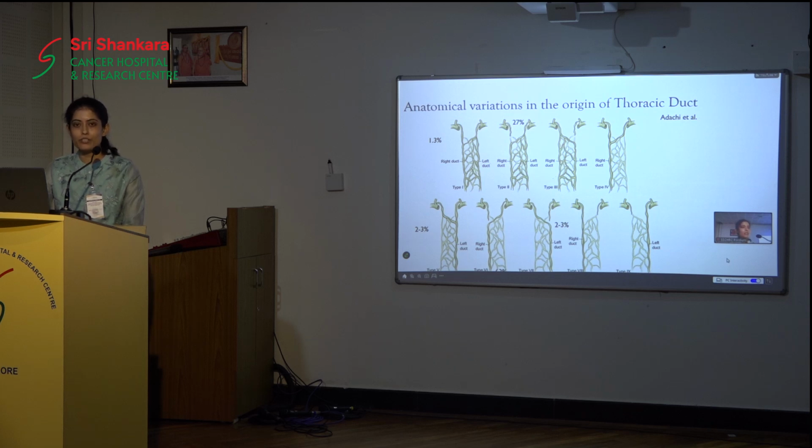On rare occasions, you can find a duplication of the thoracic duct, that is, a right and a left persistent duct. You can also have preferential drainage to the right side instead of the left side. And you can also have a straight left-sided thoracic duct where the right side duct hasn't developed at all, or you will have the entire lymphatic drainage taking place from the right side.